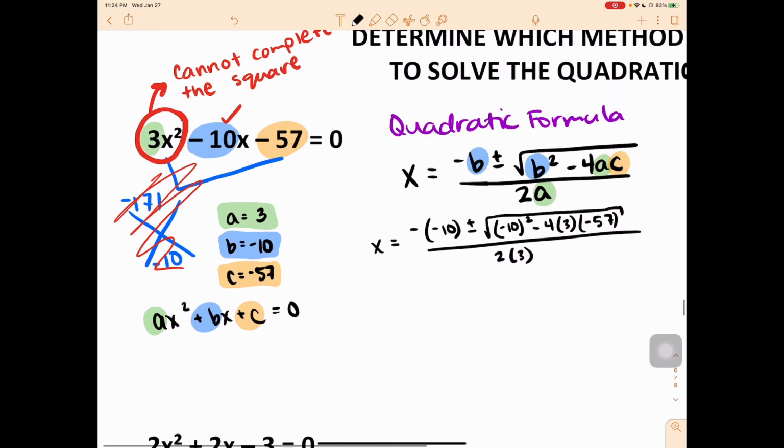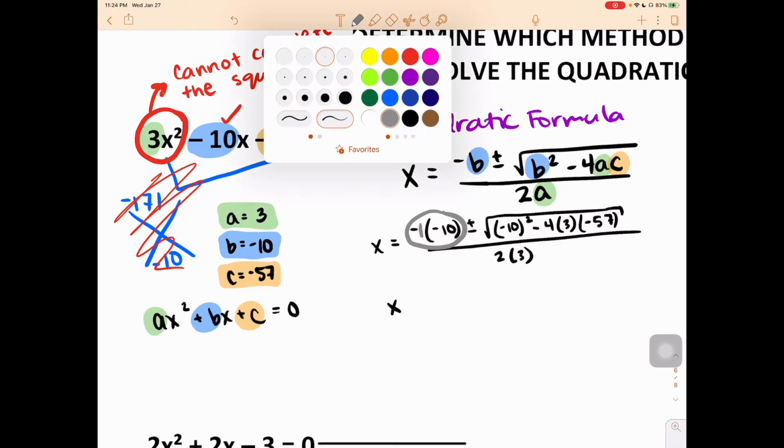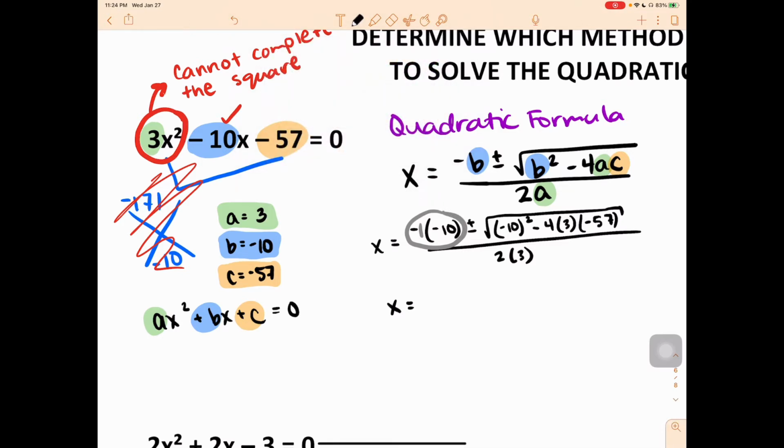Okay, so now we start to simplify. This negative times -10 is going to become a positive 10 because this is technically -1 times -10. So here we have positive 10 plus or minus the square root. -10 squared is -10 times -10, that is 100.